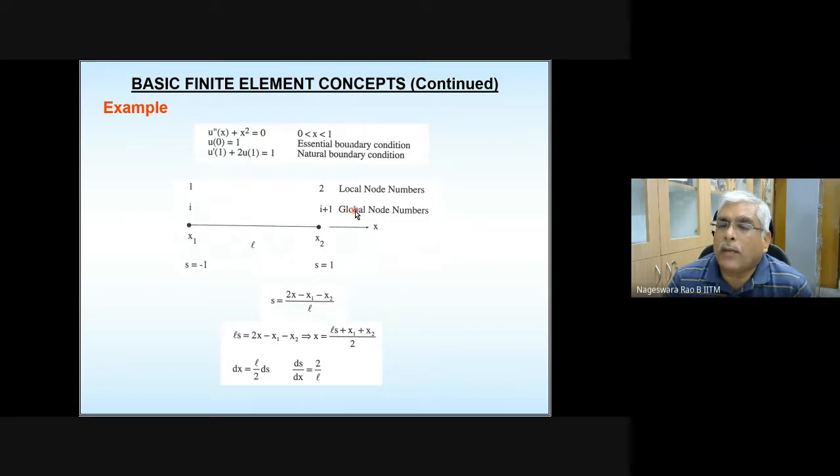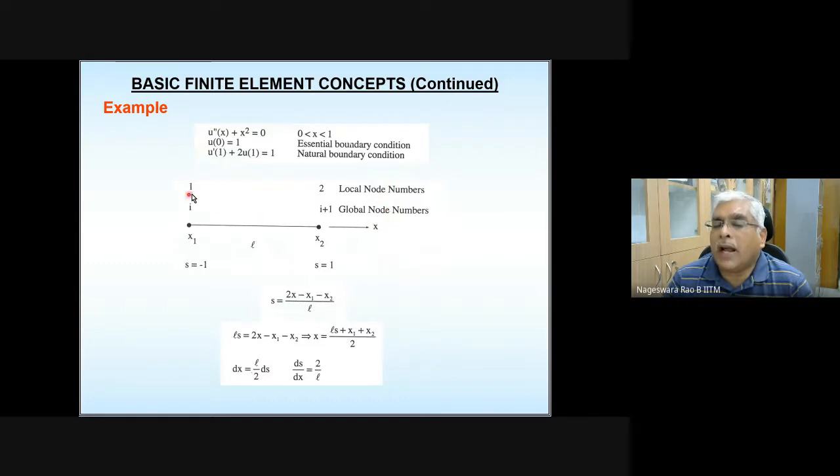So now what I am going to do is introduce a local coordinate system. The first node, I'm going to number it as 1. The second node, I'm going to number it as 2. This is a 2-node element. What is the relation between local node number and global node number?